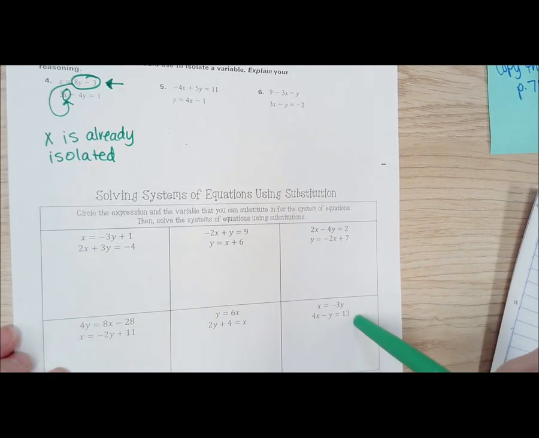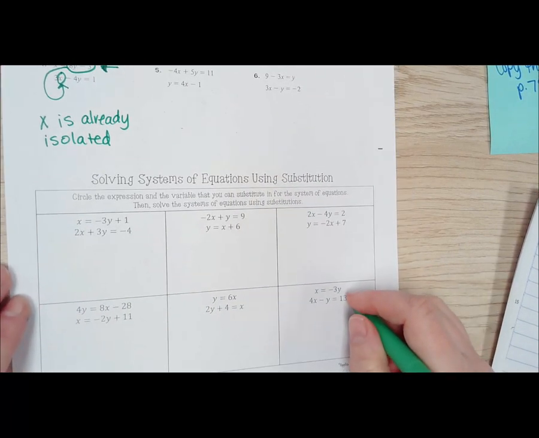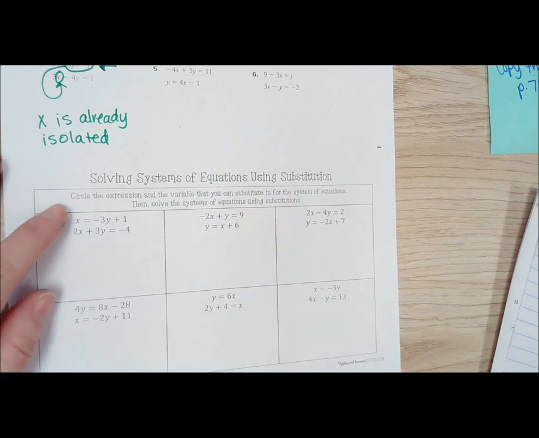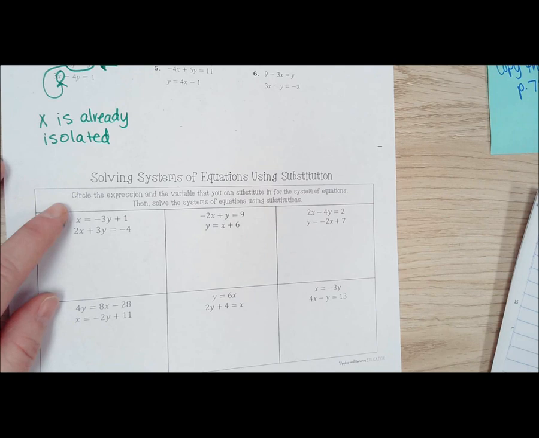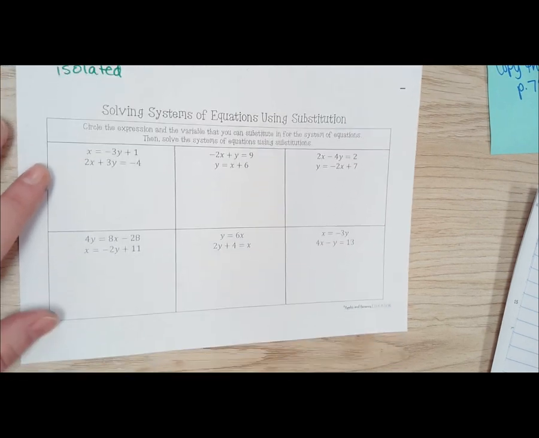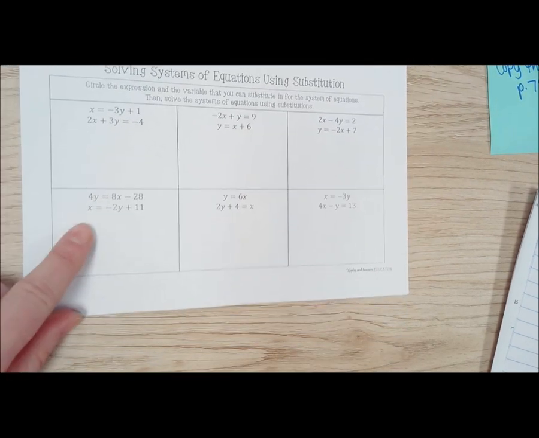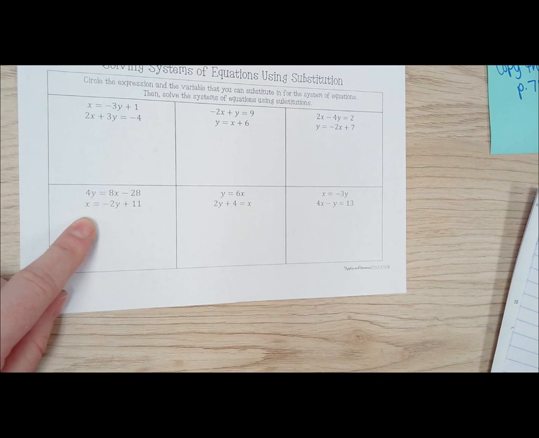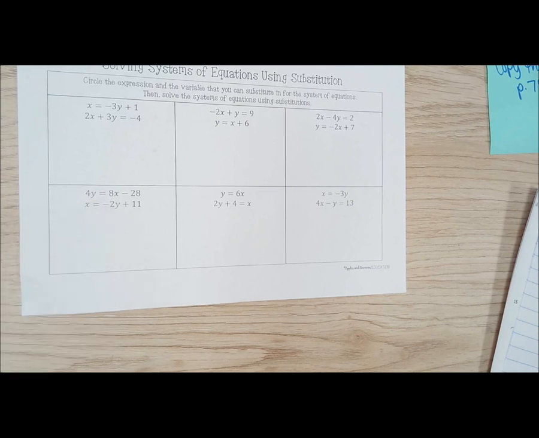The 6 problems on the bottom. Let's read the instructions. Circle the expression and the variable you can substitute in for the system of equations. Then solve the system of equations using substitution. So on here, let's do the bottom left. 4y equals 8x minus 28. x equals negative 2y plus 11.